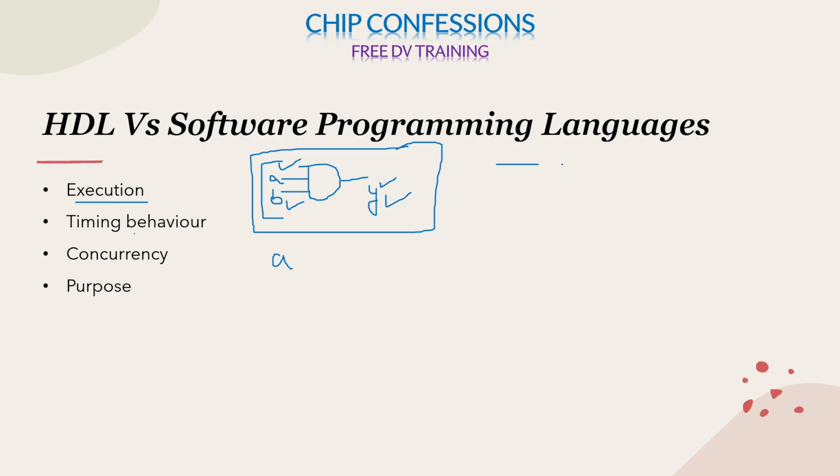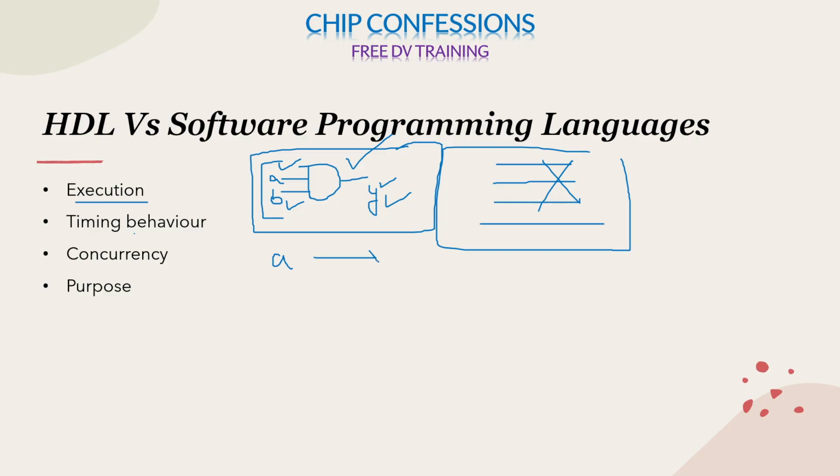Means first line will be executed, then the second line, then the third, and then the fourth line. That parallel concept is not there in any of the software languages, but in HDL this concurrency, or parallel execution, is there, which is very much required to give inputs or take outputs from the gates.